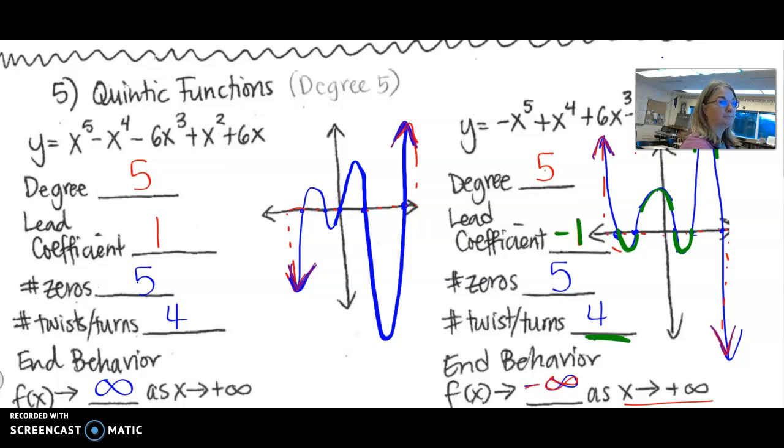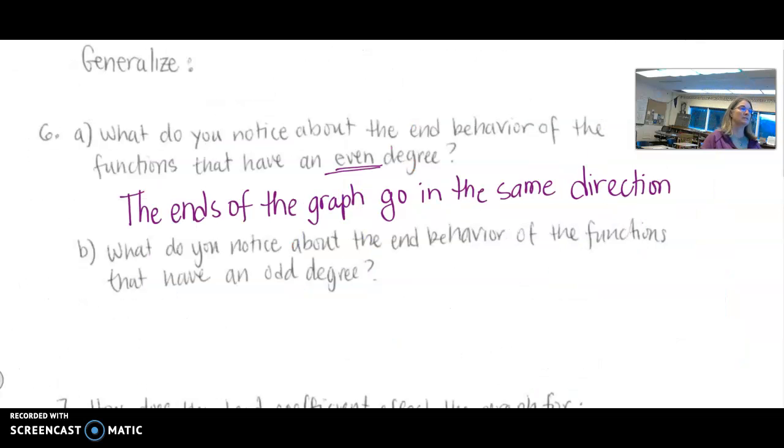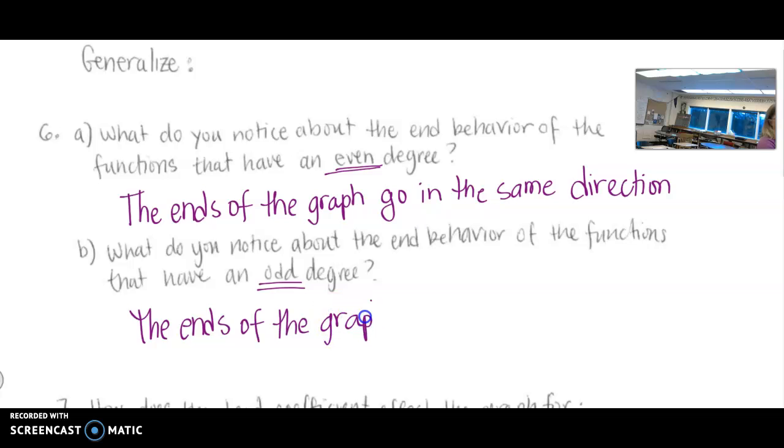And in general, the ends of a graph of a polynomial of odd degree head in opposite directions.